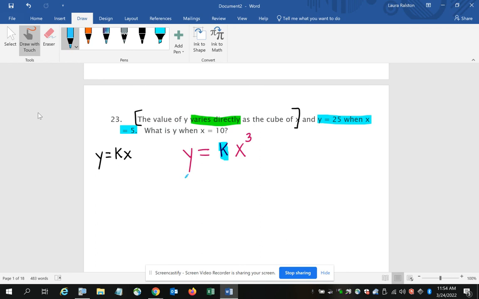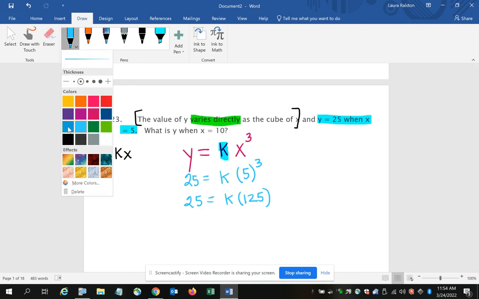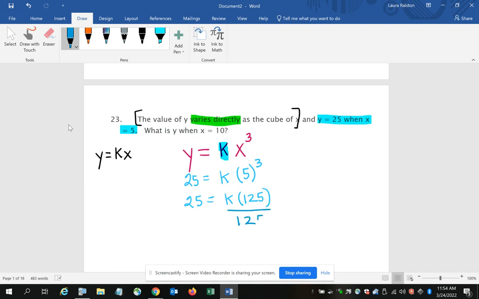So it says y is 25 when x is 5. So I would have 25 equals k times 5 cubed. 5 cubed is 125. So I've got 25 equals k times 125, and then I'm going to divide both sides by the 125.